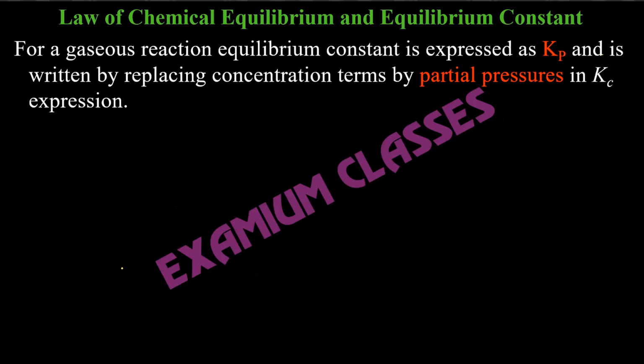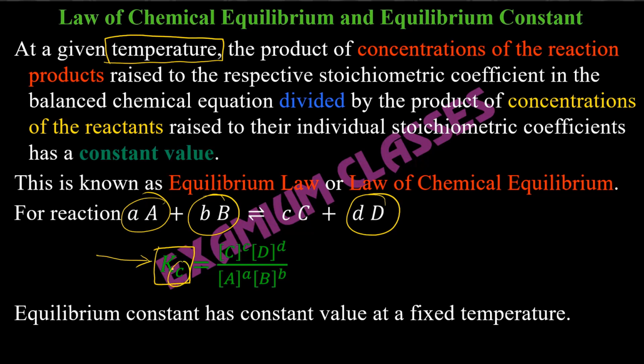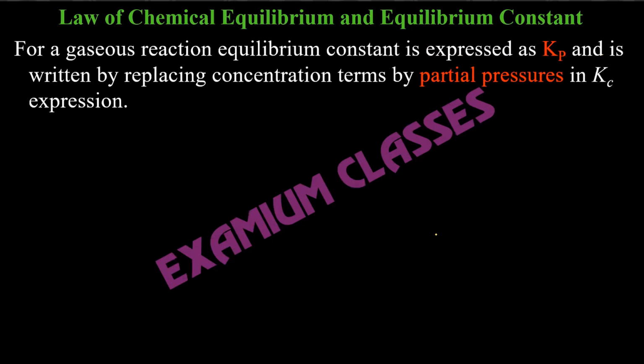For a gaseous reaction equilibrium, remember I said in the previous case, this C represents, because we are representing this constant in terms of concentrations, this can be represented in terms of partial pressures also. Just to give you a quick idea, suppose you have a container and this is a piston, which you can move. Here you have two gases, or suppose one gas only, and the volume is 2 liters.